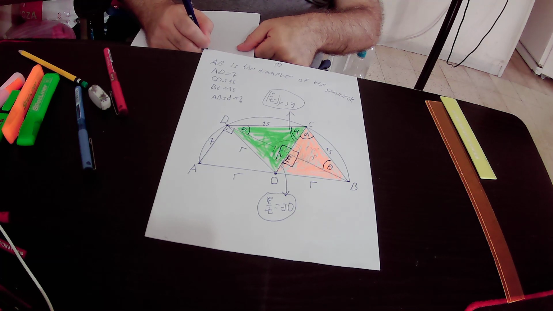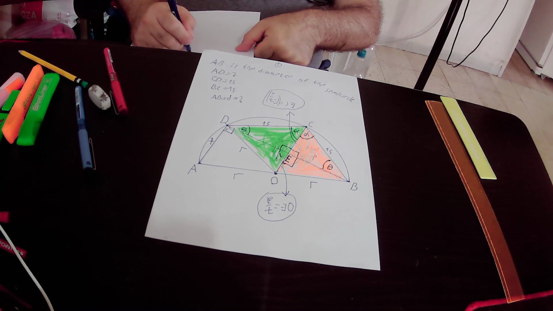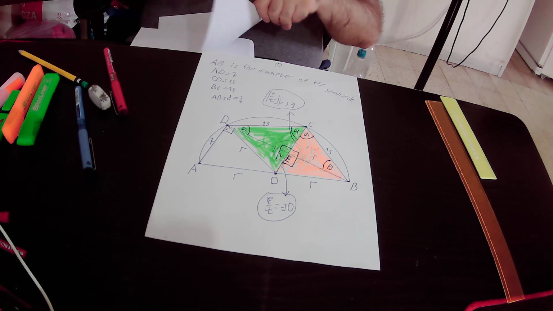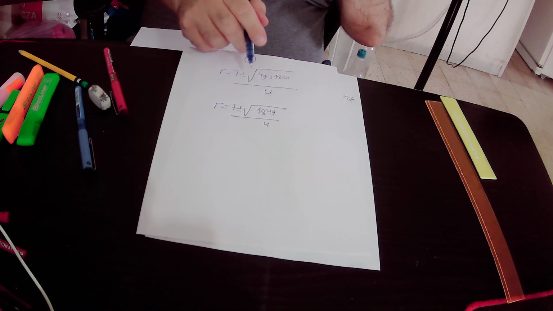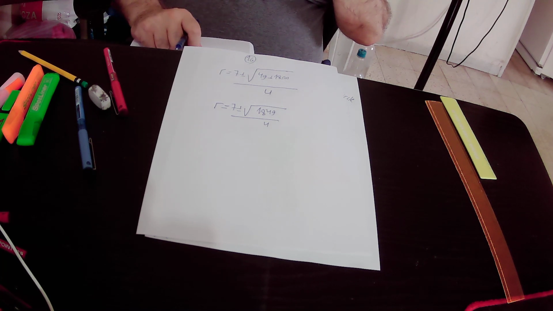So r equals 7 plus minus the root of 1849 over 4.